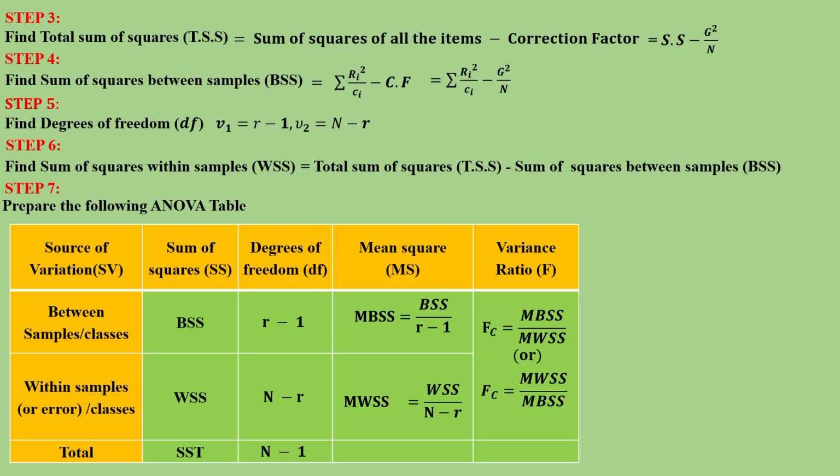Then the variance ratio, F test, FC, the calculated value, which is equal to MBSS, the mean between the samples, by the mean within the samples, or mean within the samples by mean between the samples. This depends on which one is higher when you compare the mean between the samples and the mean within the samples. If the mean between the samples is greater than the mean within the samples, you write the mean between the samples in the numerator: the highest number in the numerator and the smallest number in the denominator, right?